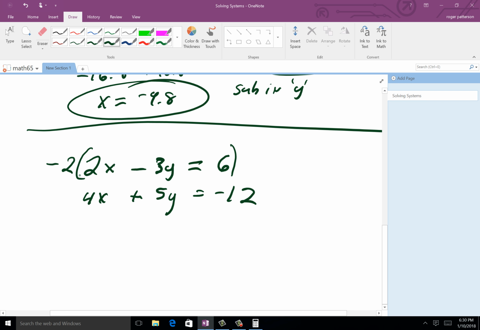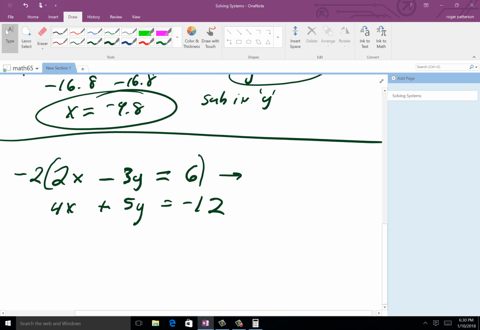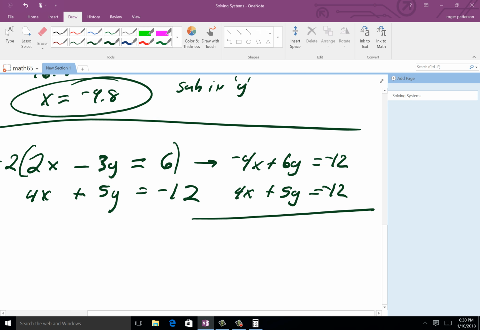Alright? So I'm just going to add them. So now I have negative 4x plus 6y equals negative 12. And then 4x plus 5y equals negative 12. Okay, so I'll add these up.